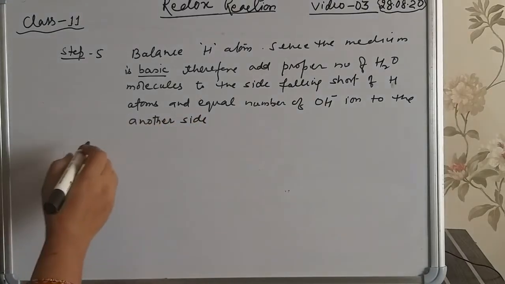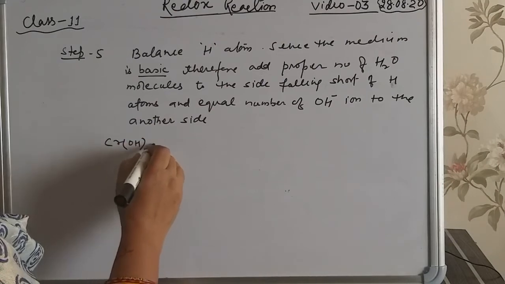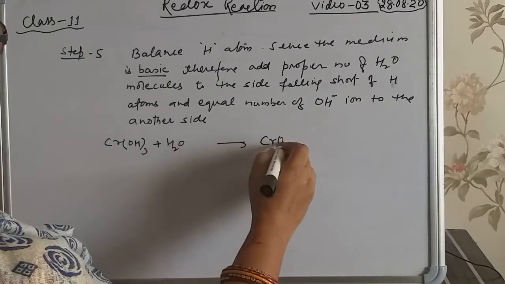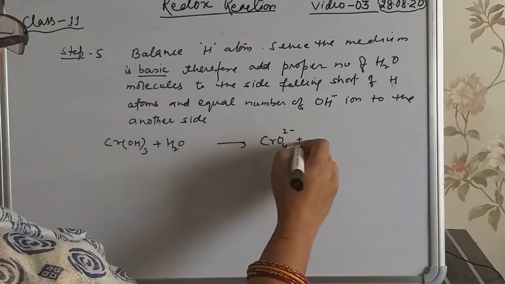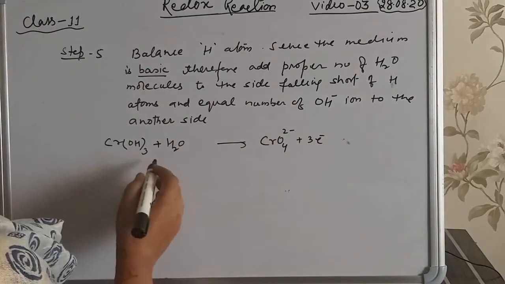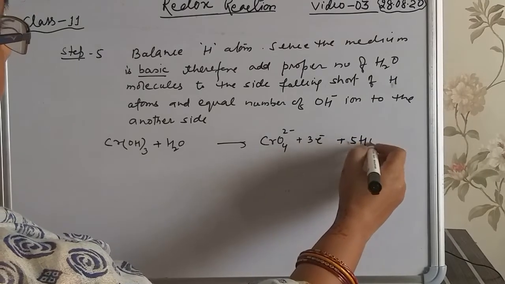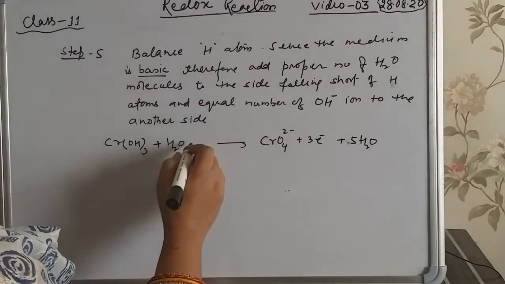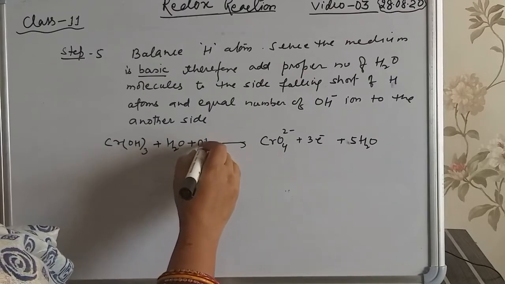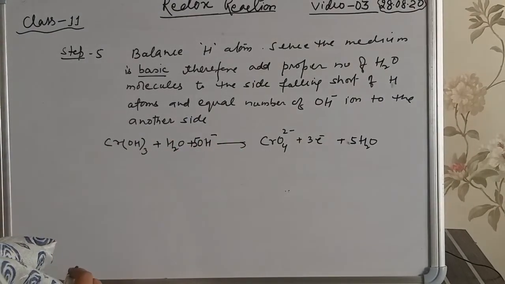So Cr(OH)3 plus H2O gives CrO4 2 minus plus 3 electrons, and we add water molecules on this side and simultaneously 5 OH ions on this side according to the rule.